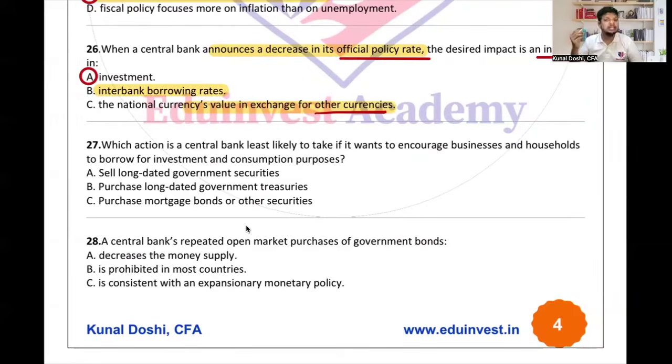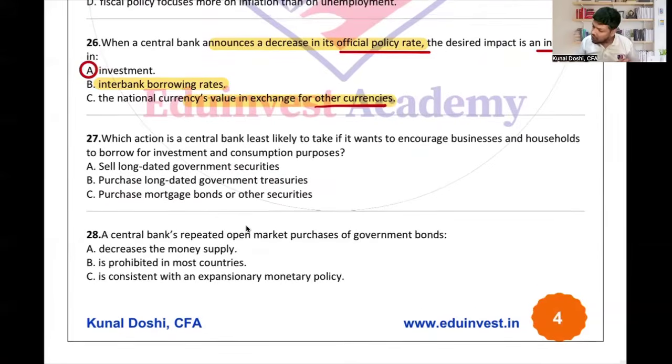Currency rate increases. When you reduce the rate, your borrowings will increase, isn't it? Your investments will increase, correct? So the interbank borrowing rates won't go up. Clear? So what is going to be the immediate effect? The immediate effect is that the investments will increase. Clear?